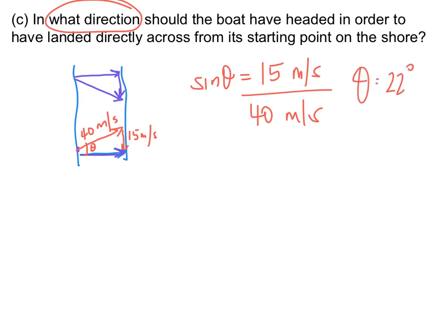And again, remember, don't just stop there. That's not enough of an answer. That doesn't tell us in what direction that 22 degrees points. When we look back at our picture, the reference line here is the east direction, so that's a part of my description, and I'm above that by this 22 degrees. So we would say 22 degrees north of east. That's the direction the boat should head, and then it would land across from where it started.